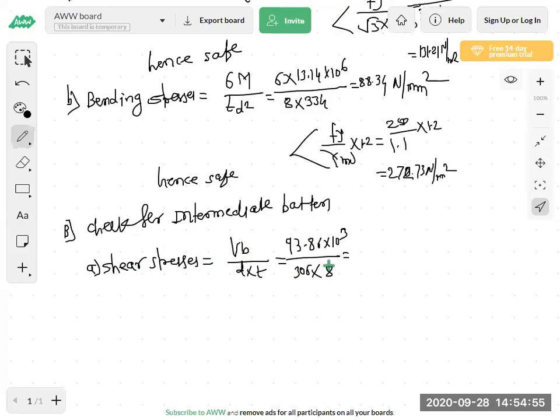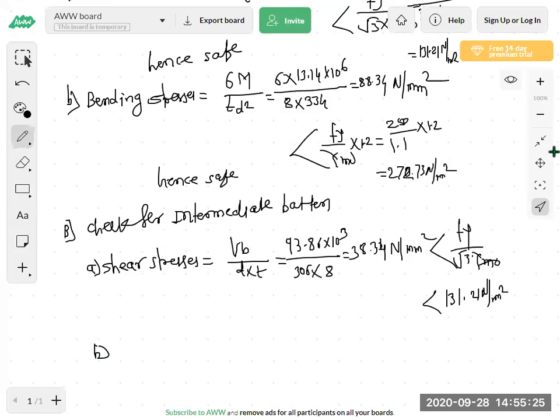So how much is the shear stress coming on the intermediate batten? 38.34. Again it should be less than Fy divided by under root of 3 gamma m naught. This value we have already calculated, 131.21 Newton per mm square. So this is less.